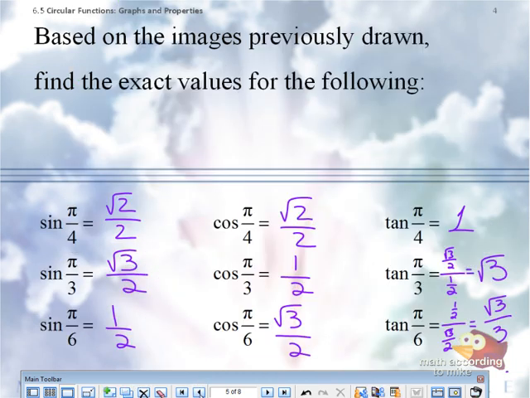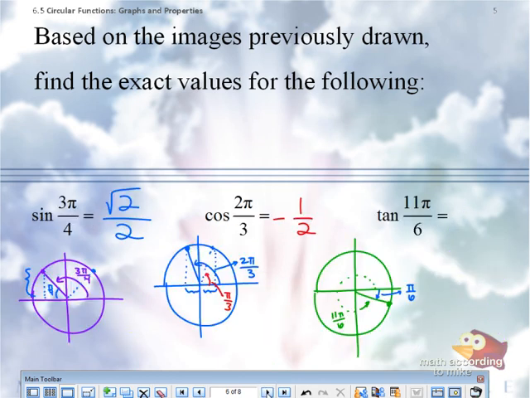Again, flashback. So the tangent of 11 pi over 6 would be negative radical 3 over 3. So we're doing a combination of your reference angles and your all students take calculus. Because all students take calculus, everyone knows this.